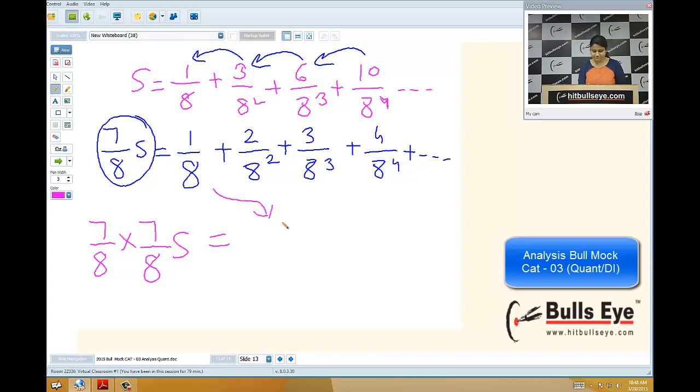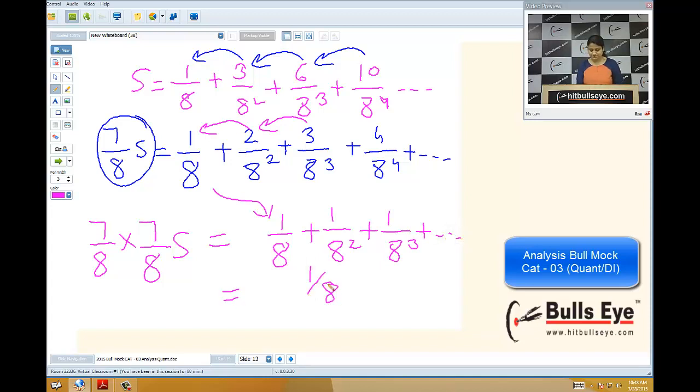Now the first term as it is, 2 minus 1 is 1 upon 8 square. 3 minus 2 is 1 upon 8 cube, and so on. Now you can apply that formula a upon 1 minus r. a is 1 by 8 here, and 1 minus r gives you 1 by 7. I think that is okay with you. So what is the s value? It will be 64 upon 343.